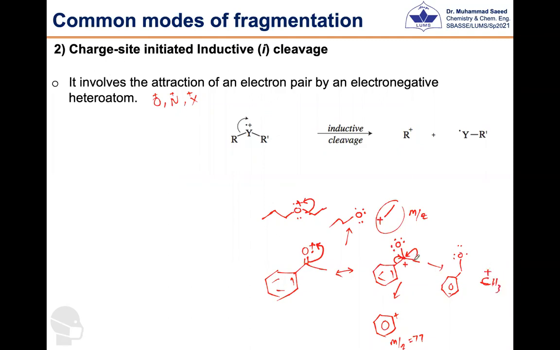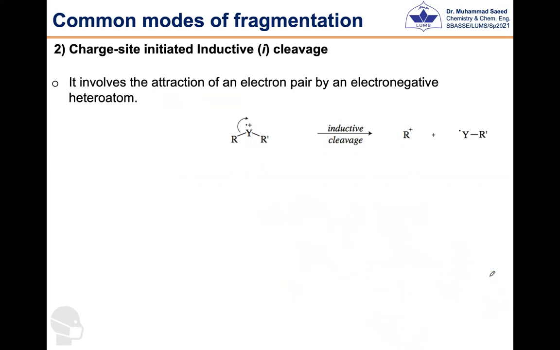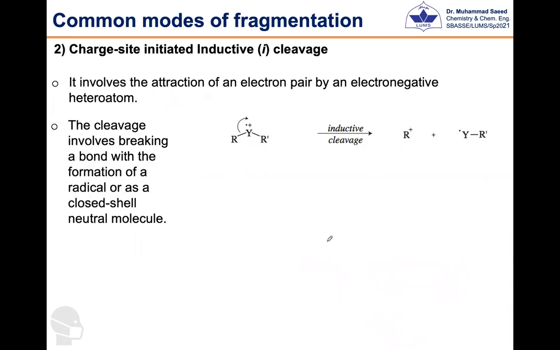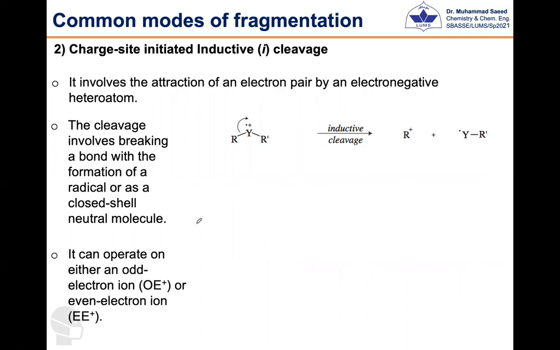Because when you moved the electrons, the charge will end up here at this carbon. So CH3 with M over Z equal to 15 will be the ion which will show up in mass spectrometry. Okay, all right, so let's look at the other example.